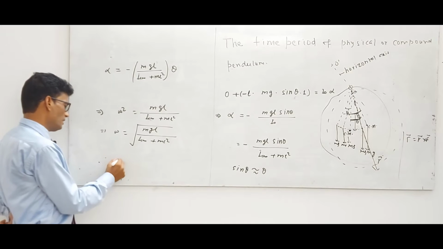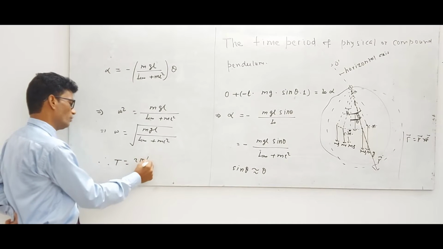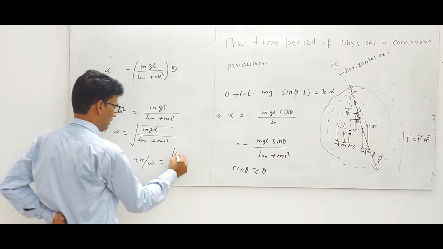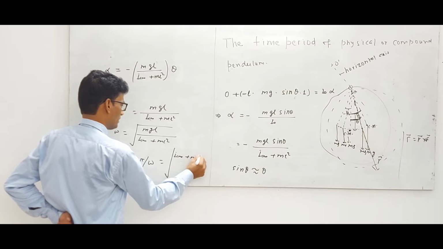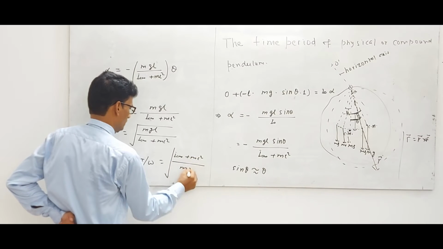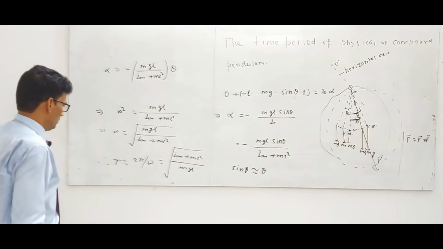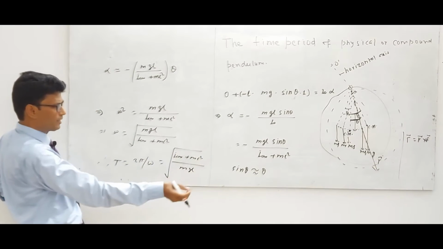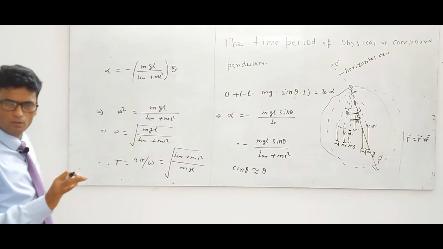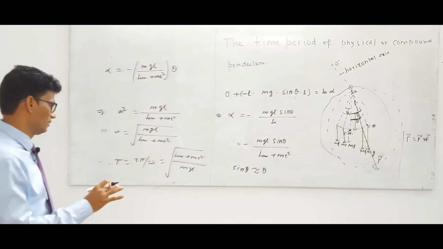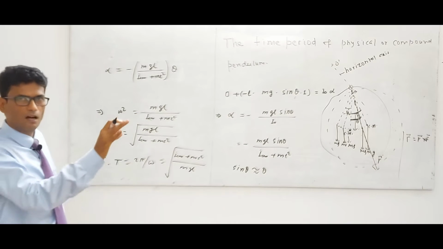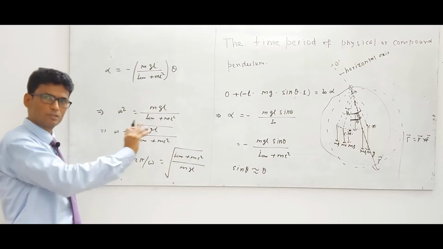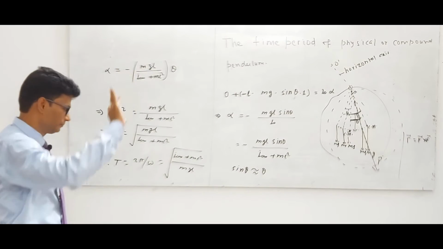Now we know time period is 2 pi over omega. This comes out to be 2 pi square root of ICM plus ml square over mgl. You may write ICM plus ml square as the moment of inertia of this body about the point of suspension, or the axis O prime, which is horizontal, and the body is oscillating in vertical plane.